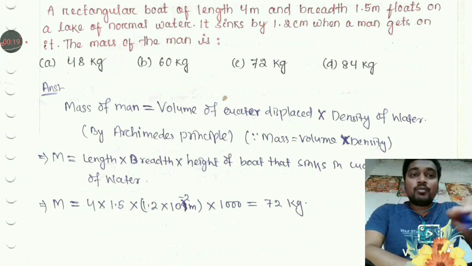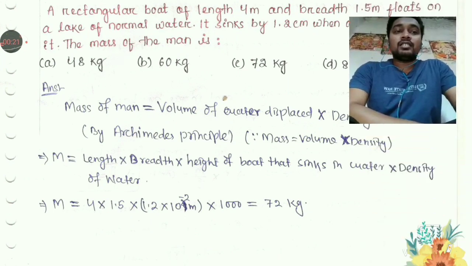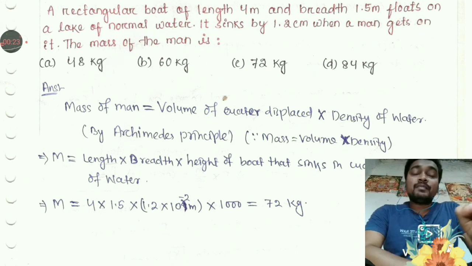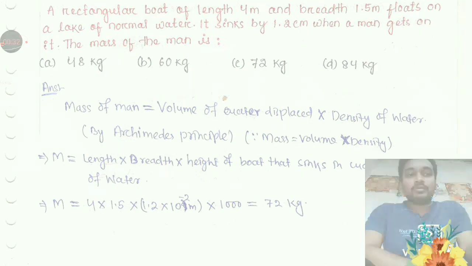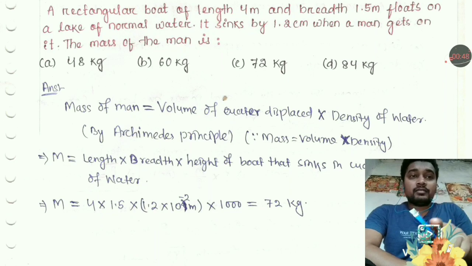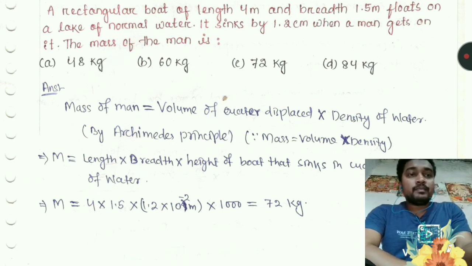Here the height is that of the boat that sinks in the water, and the density of the water, all are given, so you can multiply the length, the breadth and the height of the boat that sinks in the water by the density to calculate the mass. Remember to convert all the units into SI units. So centimeter is converted into meter, that is 1.2 into 10 to the minus 2 meter. Okay, and the answer will be 72 kg.